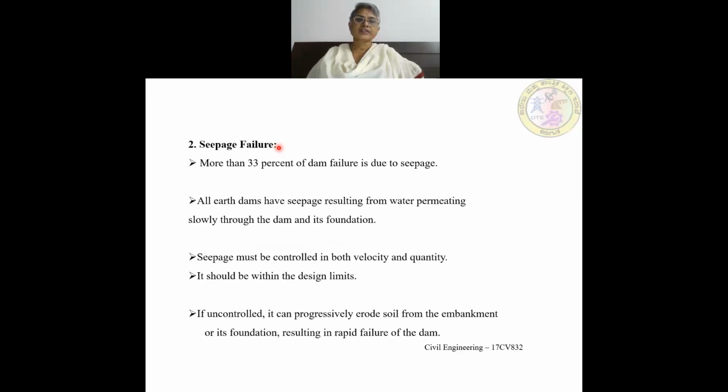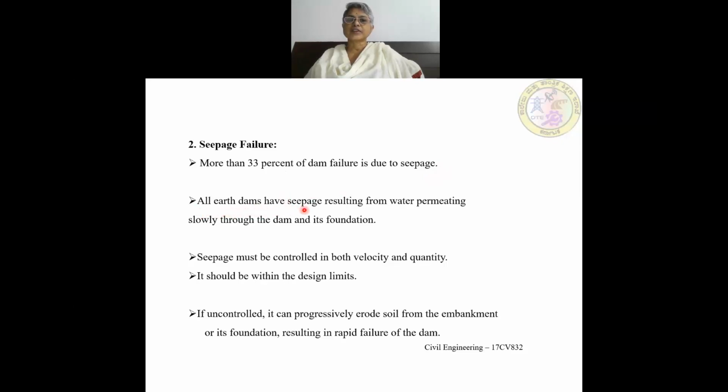The second case is due to erosion of the upstream side, because of wave action, erosion of the downstream side forming gullies, and erosion of the downstream toe, because of the tailwater currents. And the second type of failure is due to seepage. 33% of dams fail due to seepage, and 40% because of hydraulic failure.